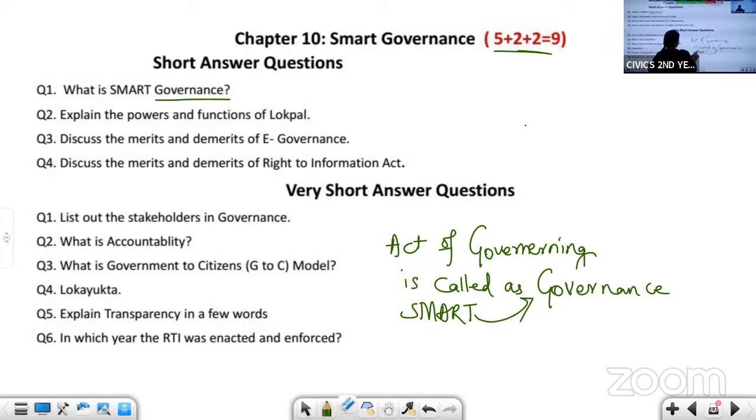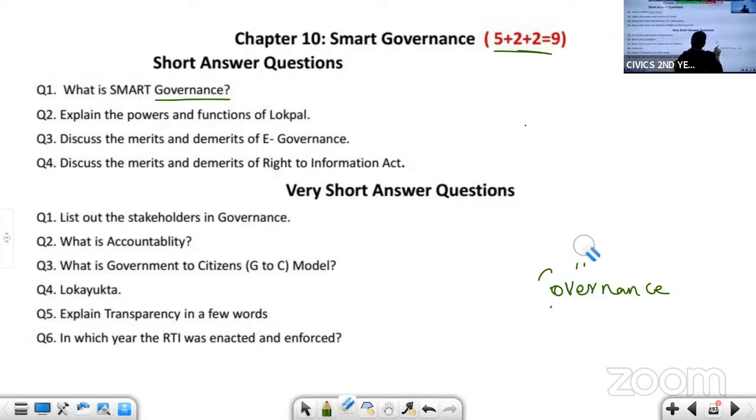So in this chapter, you will discuss what is smart governance.